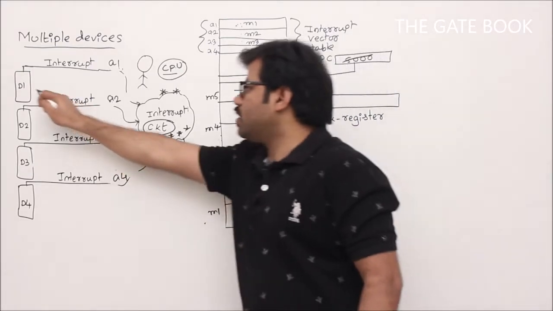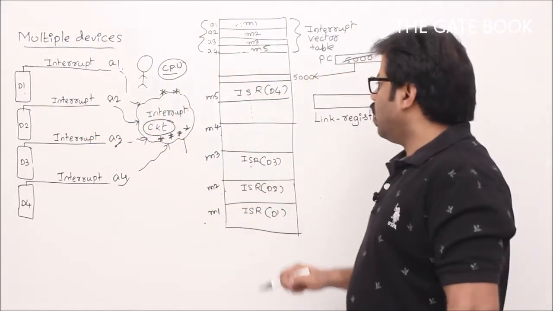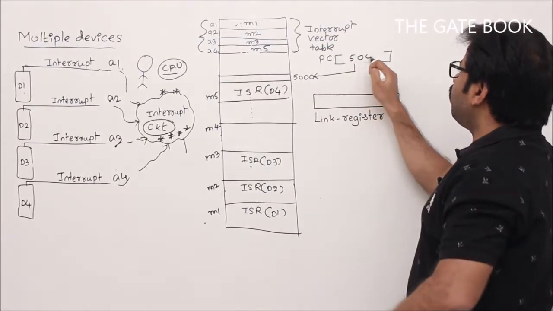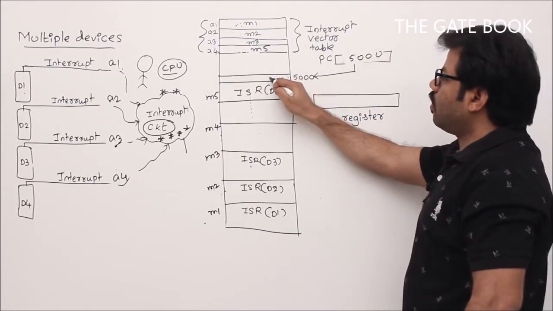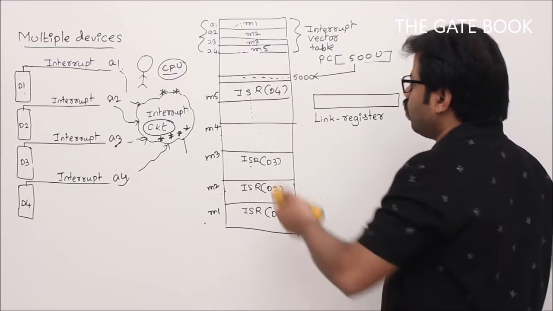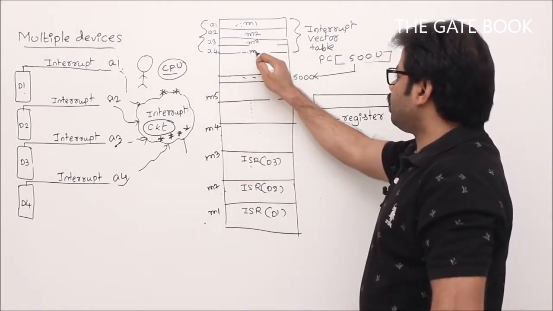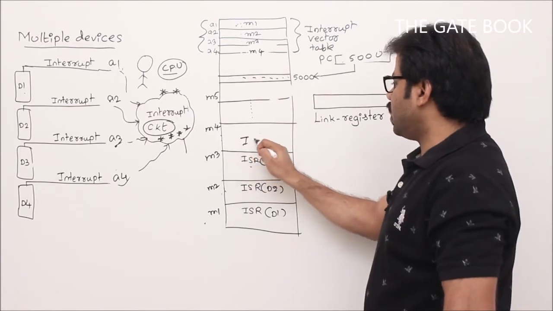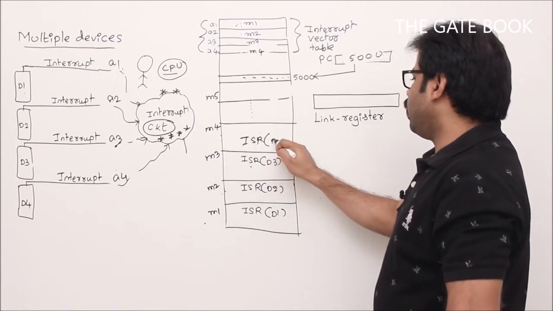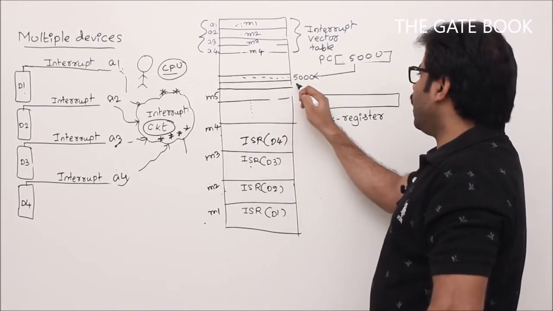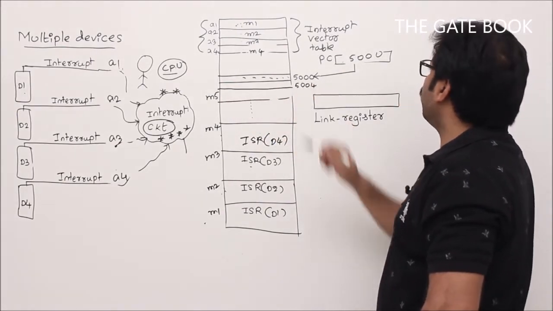Example, let's say device number 1 interrupts, and at that time you are executing a program which is at 5000. After that we would like to go to M4, where we have the interrupt service routine, let's say D4. After 5000 we are going to execute the next instruction which is at 5004.